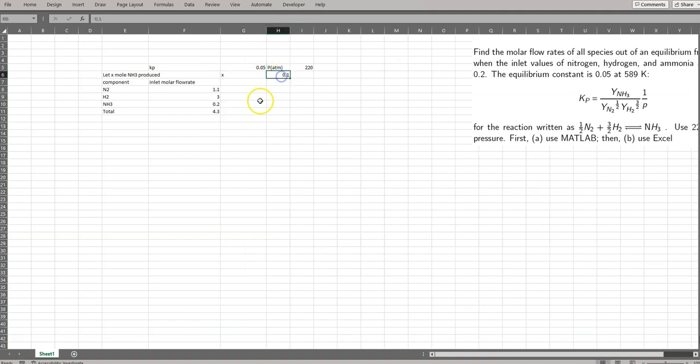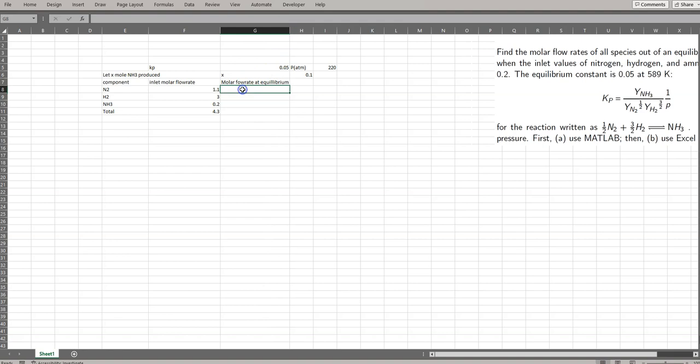X is suppose 0.1. If X is equal to 0.1, what will be the molar flow rate at equilibrium? That we can get easily. The original nitrogen inlet molar flow rate, 1.1, is already given.